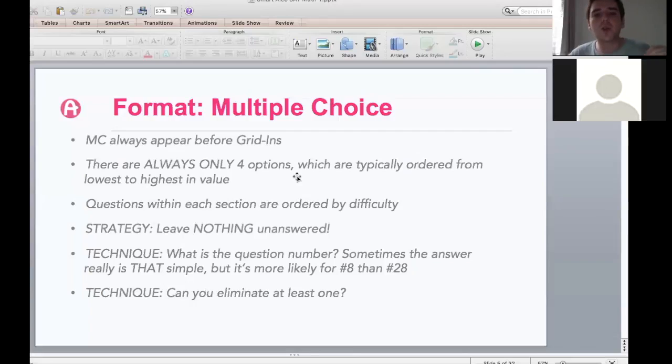With regard to questions ordered by difficulty, and depending on what caliber of student you're working with, if you're working with someone who's getting 650s and wants to break 700s, they're already at one end of the bell curve. So getting tons and tons of points is going to be harder for them because they're already at such a high percentile.